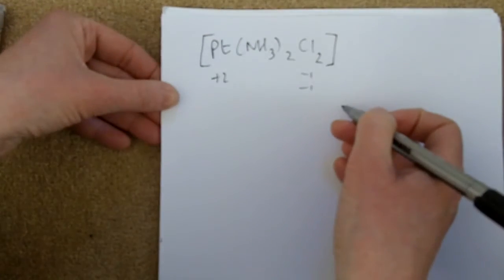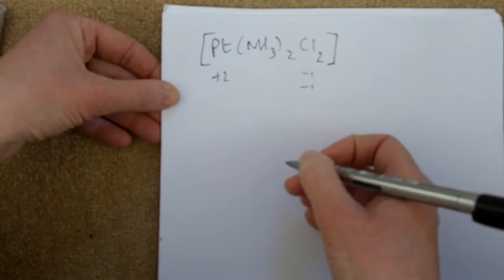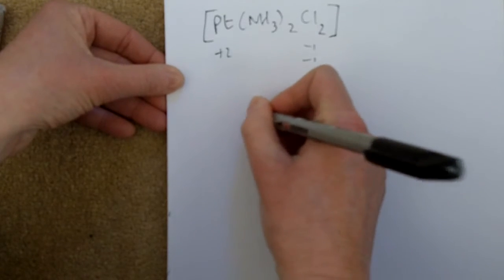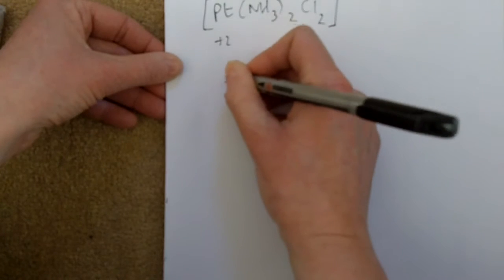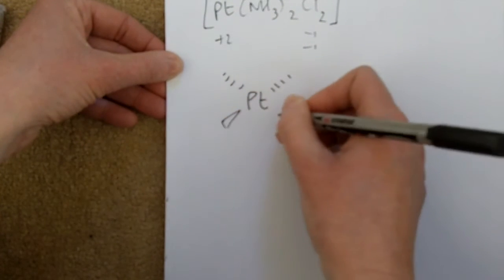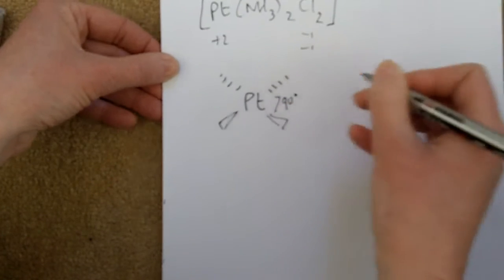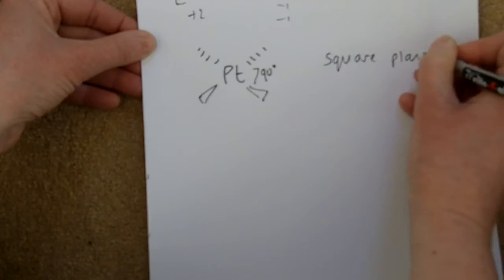Now there are only 4 ligands, so this takes a shape called square planar. The bond angle is 90 degrees.